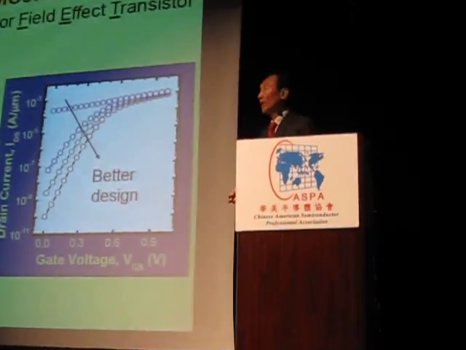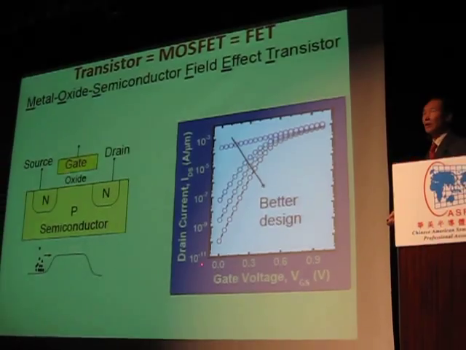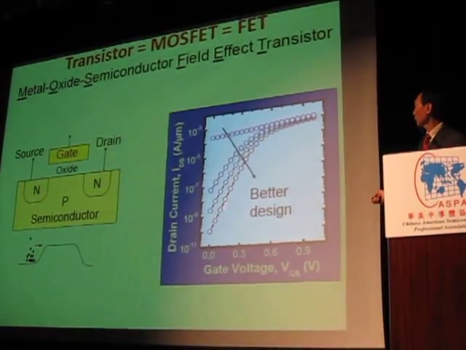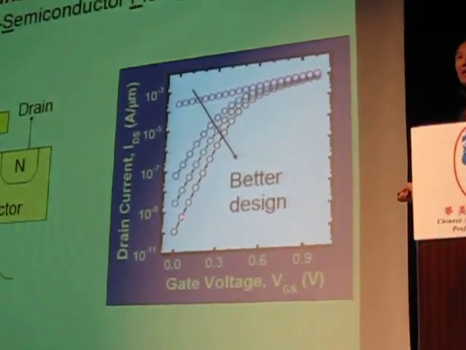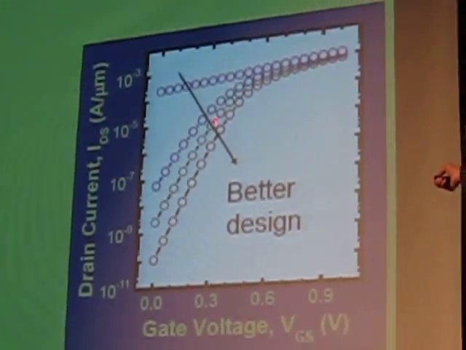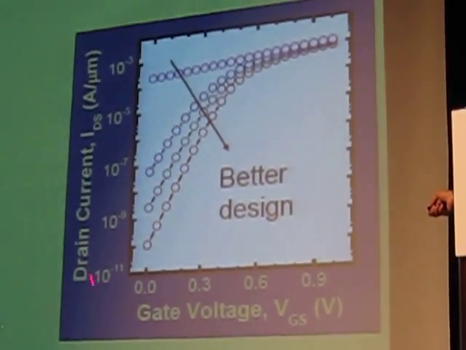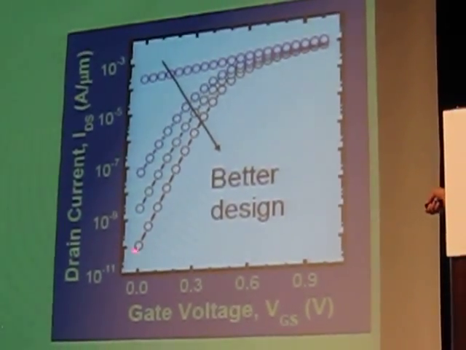Now, looking at a little more detail, we usually describe how effectively the gate does this by plotting the current versus the gate voltage. We like the transistor to look like this bottom curve, this red curve. It's a better design. That is, when the gate voltage is reduced, the current drops very rapidly. By the time the gate voltage is 0, we have very small leakage current left.